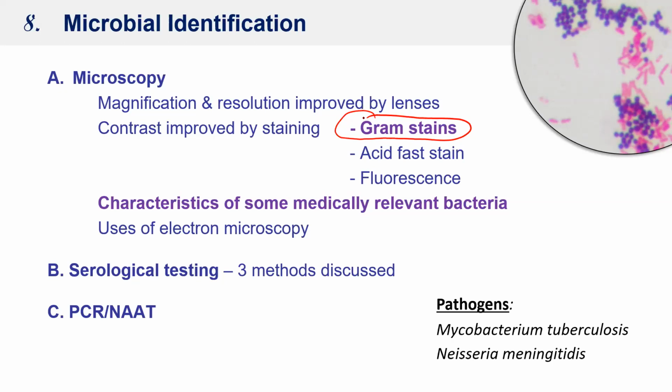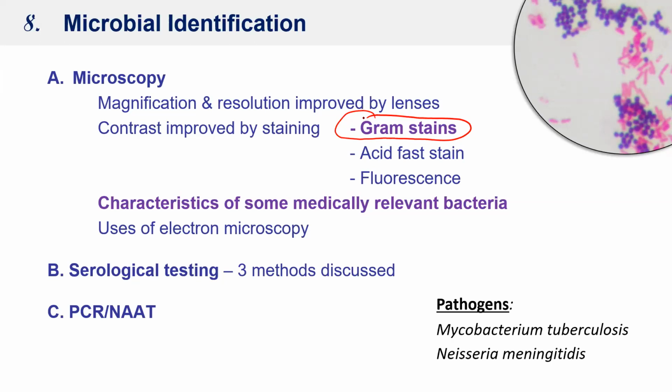We talked about acid-fast stains. We talked about some newer methods like fluorescence, serological testing, so using things like immunofluorescence or agglutination. We talked about ELISA and rapid tests, and we talked about the PCR or nucleic acid amplification tests.